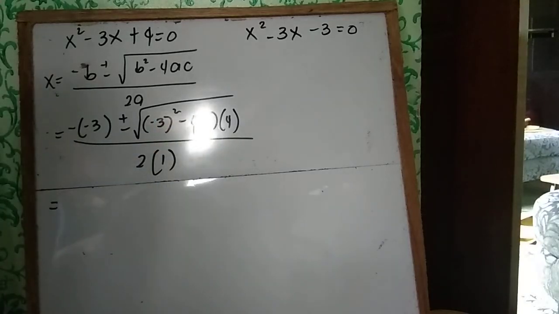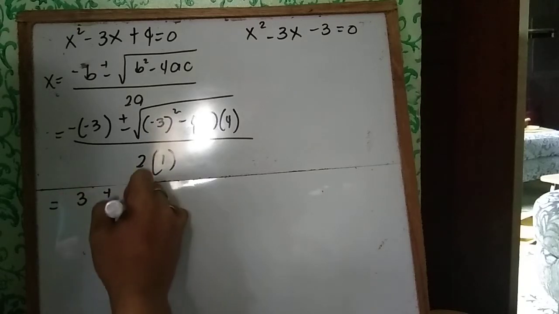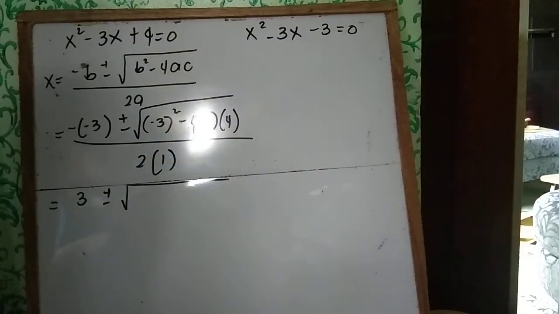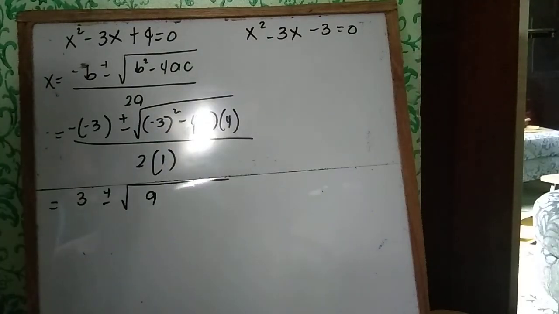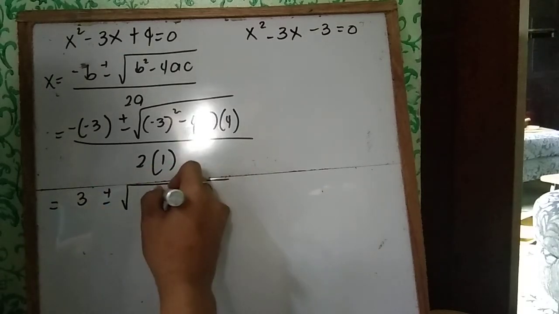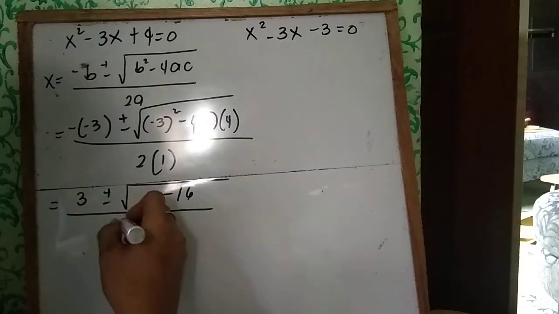Okay, simplify. Negative times negative 3 is positive 3, plus or minus the square root of negative 3 squared, which becomes positive 9. Then 4 times 1 times 4 is 16, over 2 times 1 is 2.